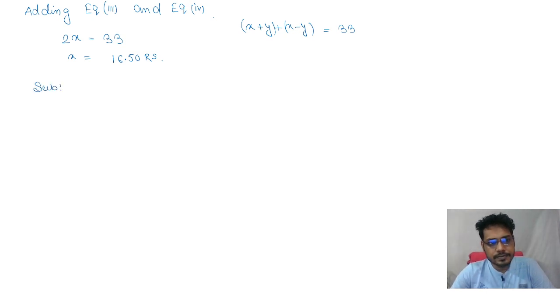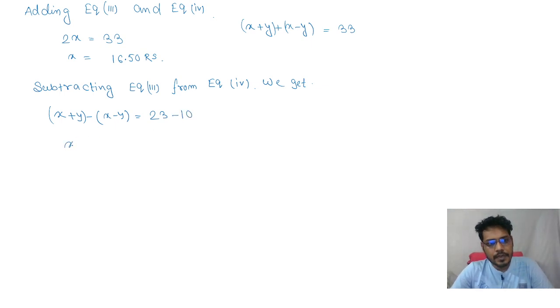Now subtracting equation number 3 from equation number 4, with subtracting we get x plus y minus of x minus y will be equal to 23 minus 10.